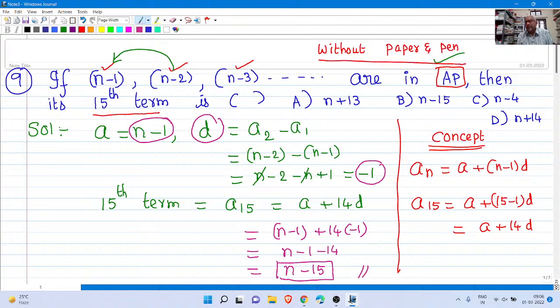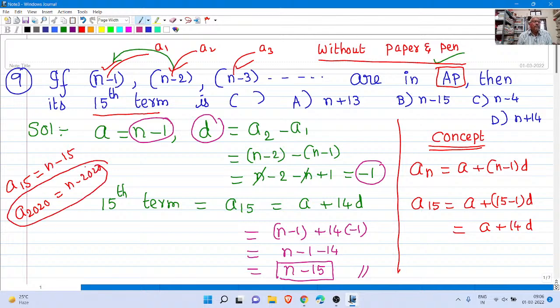See, the first term is A1, the second term A2 is n minus 2, the third term A3 is n minus 3. Simple, A15 is n minus 15. For example, the 2020th term, A2020, is n minus 2020. So just by observation you can write the answer.